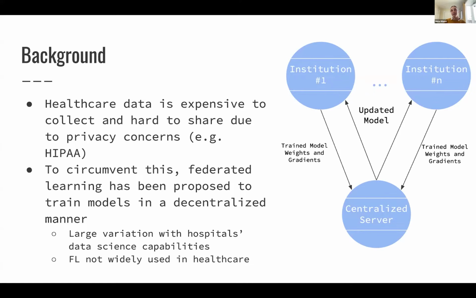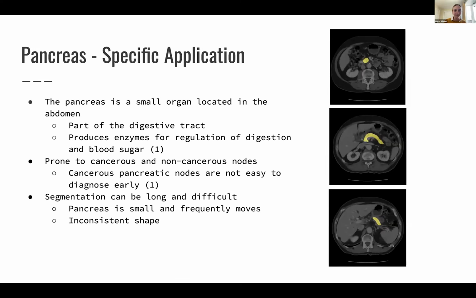But it is important to note that there is a very large variation in hospitals' data science capabilities. And of course, federated learning is not really widely used in healthcare at this moment. And I just want to touch on that because while Dana-Farber does have a very robust data science department, this is not, of course, true for every hospital that might use federated learning. So that's just a good thing to keep in your head with this process.